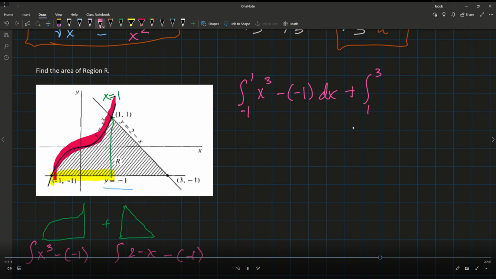So I'll add the two integrals together. But the next one happens from 1 to 3. So from 1 to 3, I have this triangle shape. And I'm subtracting a -1 because that's the bottom function. So these aren't too hard to integrate, but I'll carry through that and come up with an area.